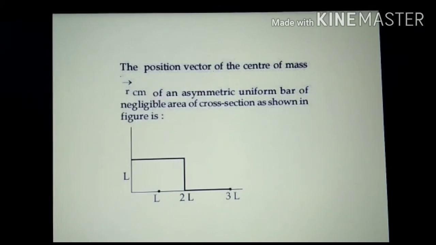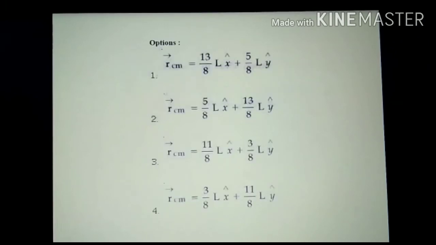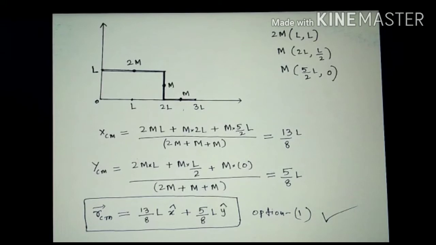You have to choose cleverly what is m1, what is m2. Go for the solution. These are the options given. In the solution, the length horizontally from 0 to 2L is 2L, so I am assuming that mass is 2m.